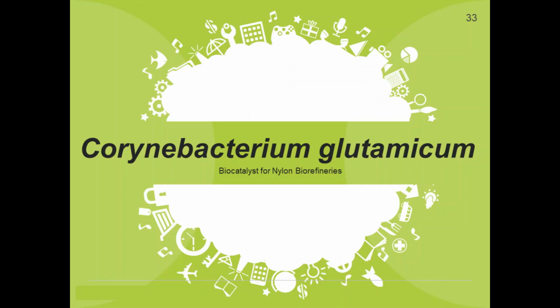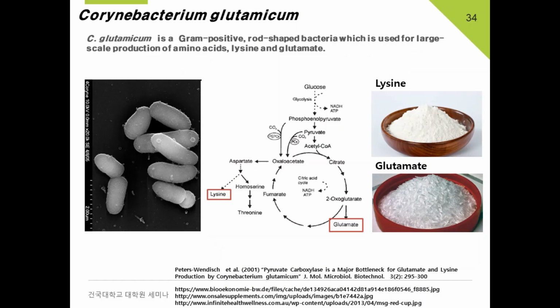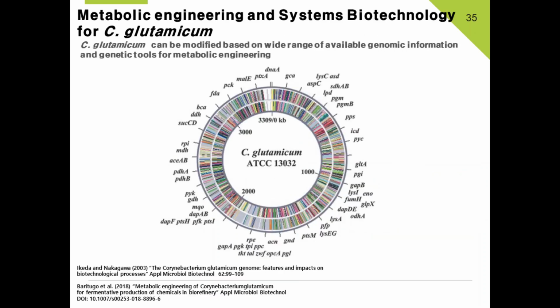So, Corynebacterium glutamicum as a biocatalyst for nylon biorefinery. I champion this strain for nylon production because it's capable of overproducing lysine and glutamate, which are main precursors for most amino carboxylate and polyamines related to nylon production.